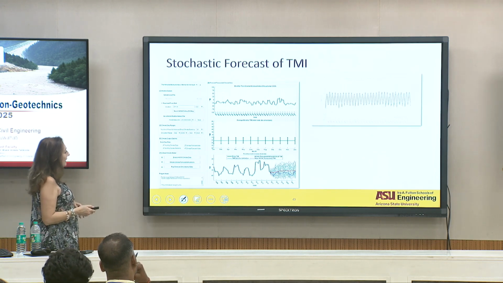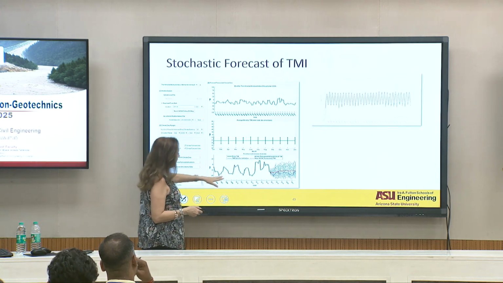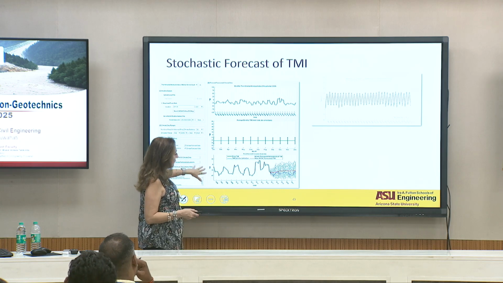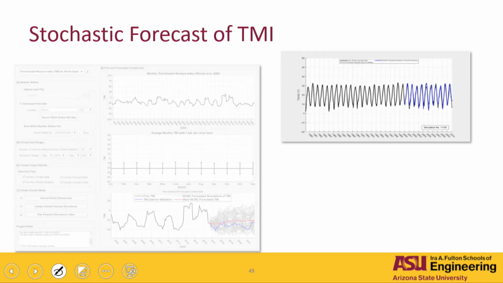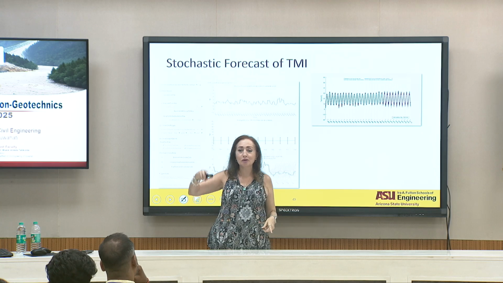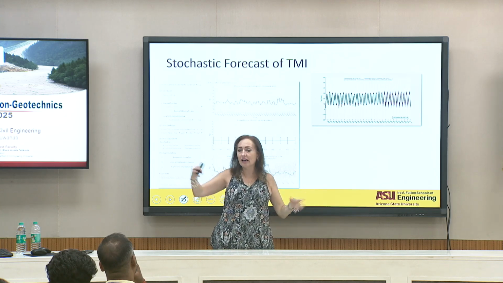So we use that, and again, you can predict TMI if you have the data, and there is a point when you want to forecast, okay? So you start making that prediction. We tried different parameters, like, for example, the changes in TMI. For the temperature, it was very good. Temperature is very easy to predict changes in the long run, right?